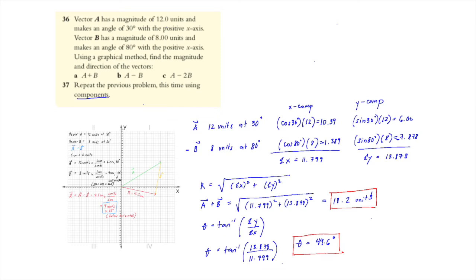But if you observe, the angle is 80 degrees, and so if the angle is 80 degrees for a negative B, that would be 80 degrees plus 180, because we're going to flip it into an anti-parallel, and that would be equal to 260 degrees.